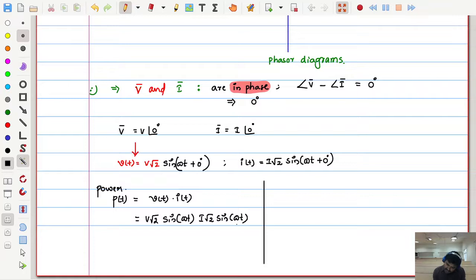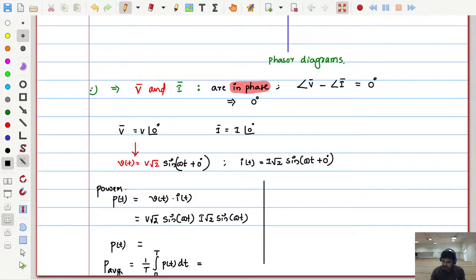You simplify this and get the P of t, then take the average of that. How do we get the average? 1 by T integral over 0 to T P of t dt, and see how much power you will get.